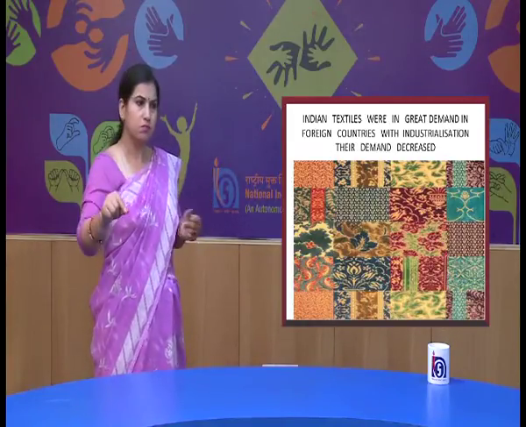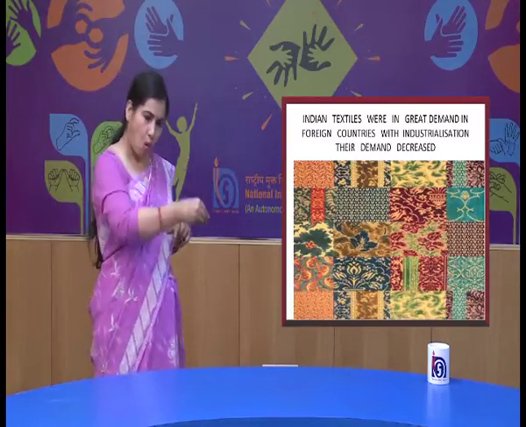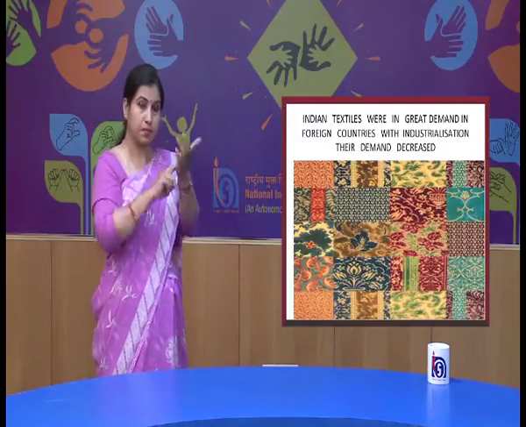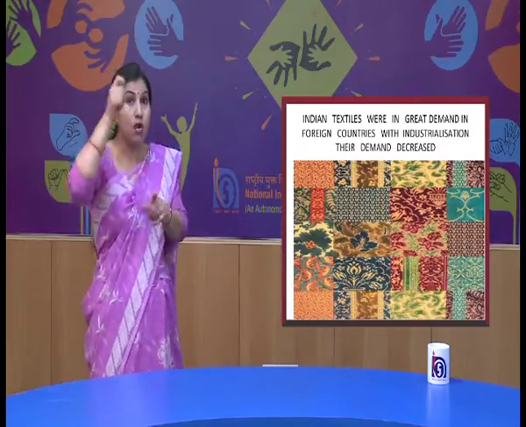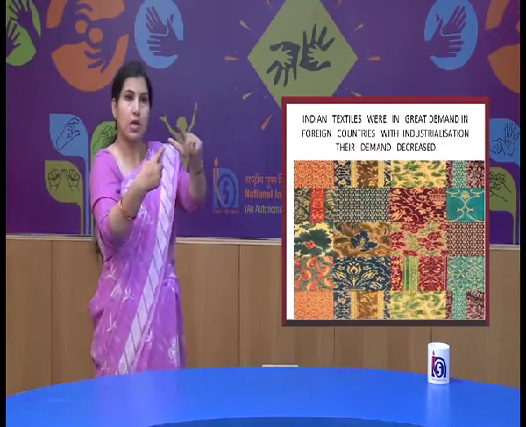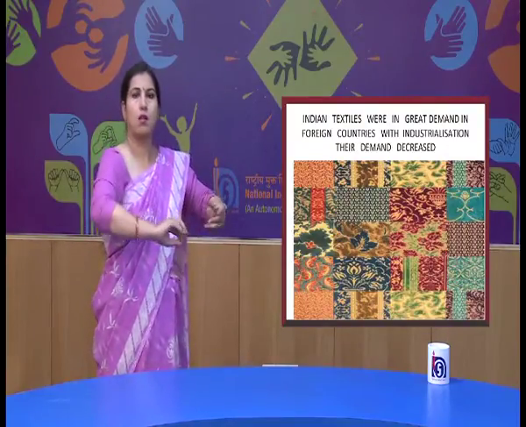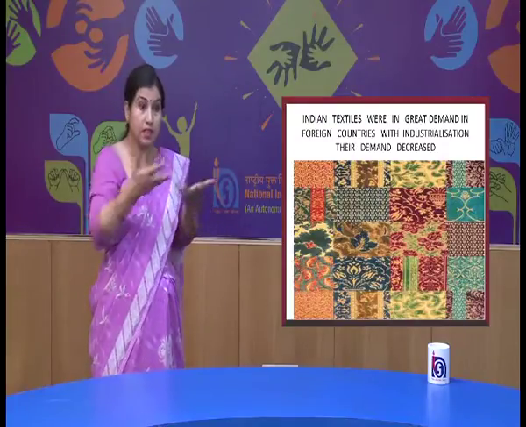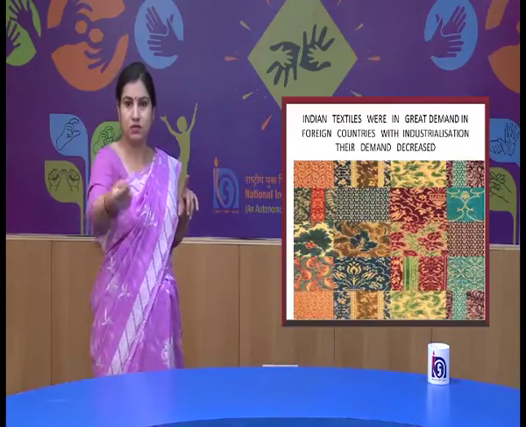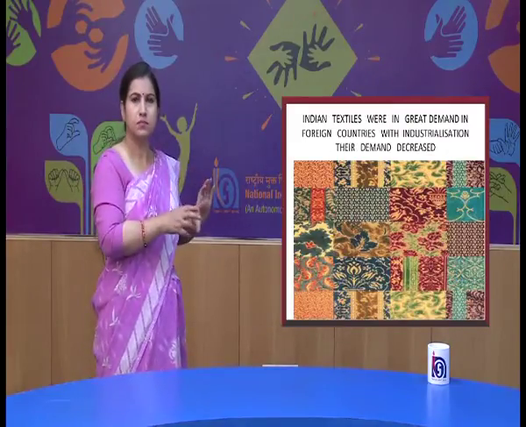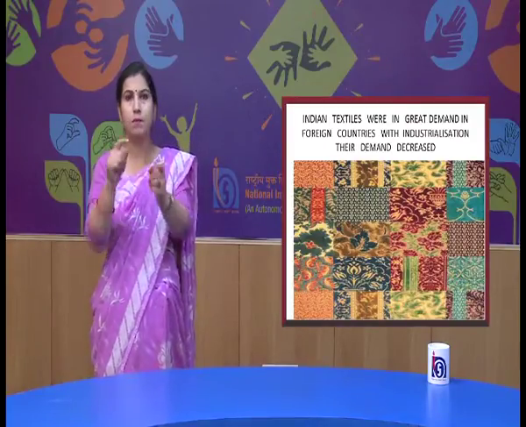The British imposed high taxes on Indian goods in England, while foreign goods entered Indian markets without paying any taxes. This automatically increased the price of Indian goods and their demand decreased, while demand for foreign goods increased due to their low price.